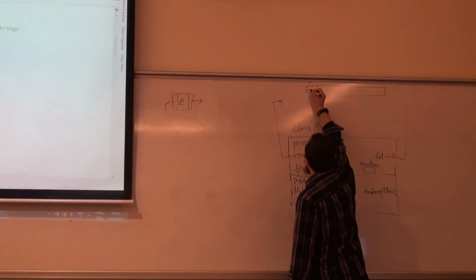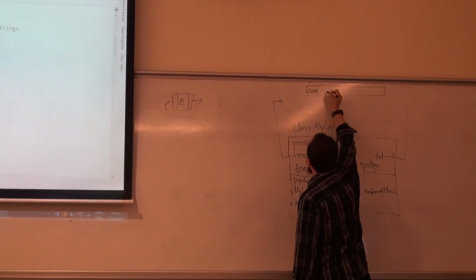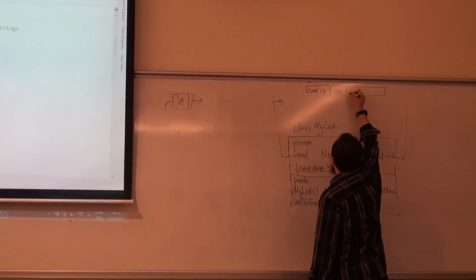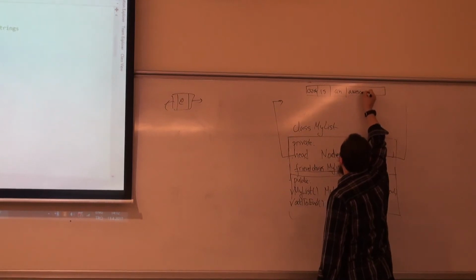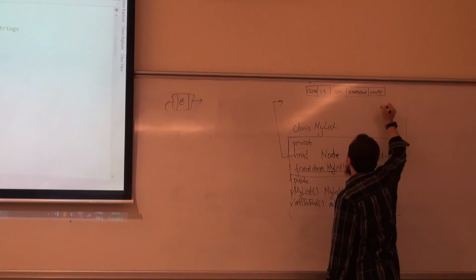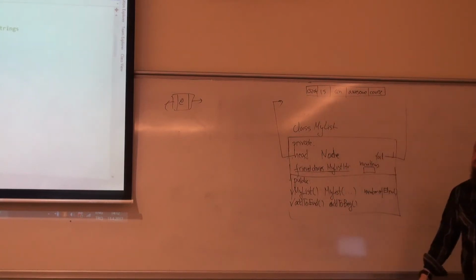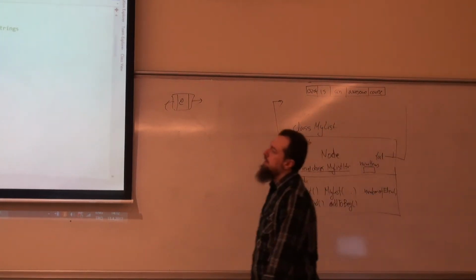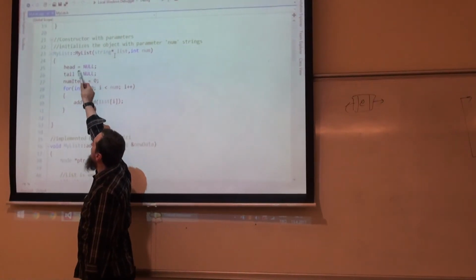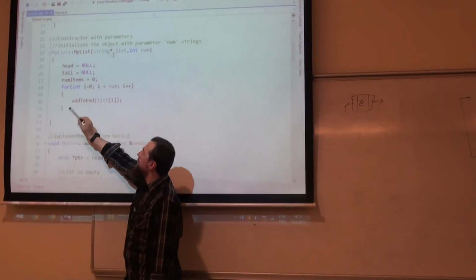And here, let's say we have "CS204 is an awesome course." We have 5 elements here. When we call this function, initially we set the head to be null, tail null, number of items initially 0.